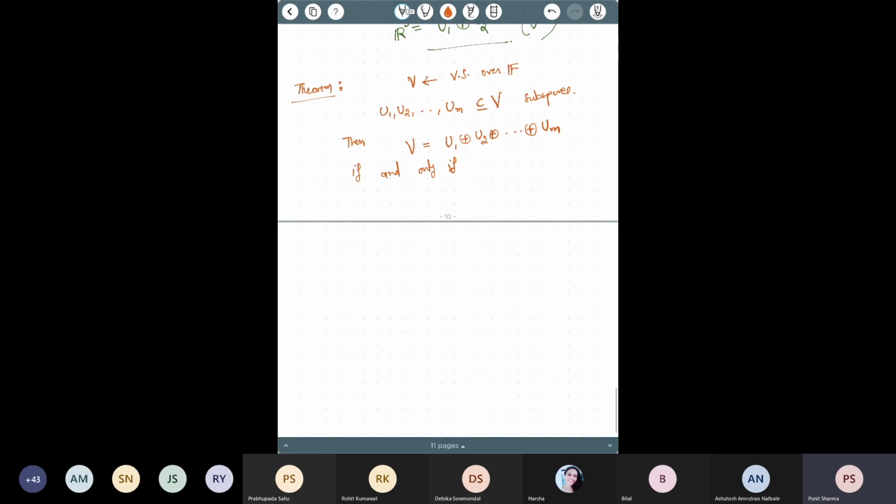The first one is that V is the sum of U1, U2, up to Um, and the second condition is that the intersection equals the identity.